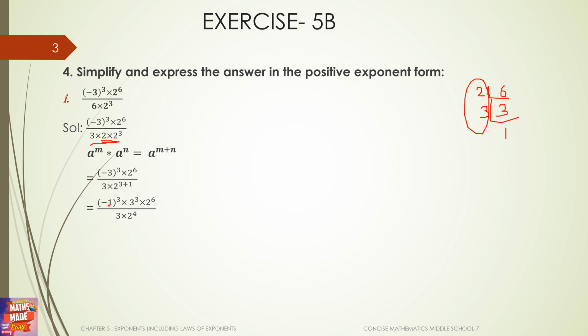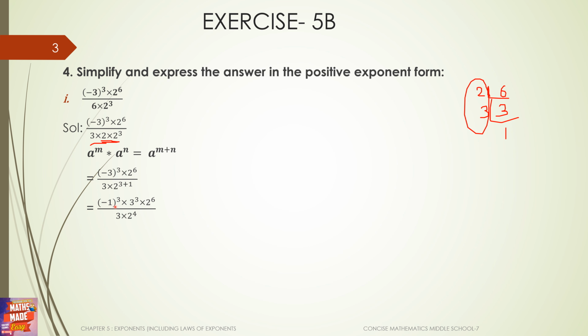And I am getting this minus 1 separately because for applying the formula, if you want to apply the formula for this minus 3 and 3, see the base is different. It is minus 3, but down in the denominator it is 3. You can't apply the formula over here. If you want to apply the formula, you need to get this minus separately. That's why I'm writing minus 1 whole to the power of cube.